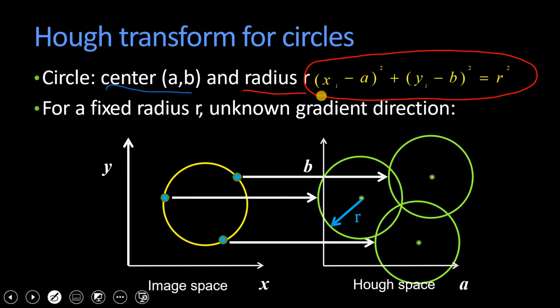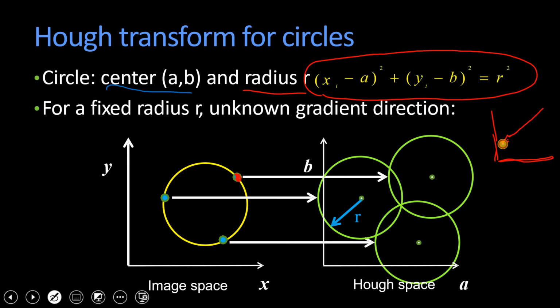Here the theory is the same but maybe a little bit tricky. How it works, remember what we did for lines? We selected a point in the image space and that point used to select a line. For example, this point in the Hough space represented all the lines that are passing through it.